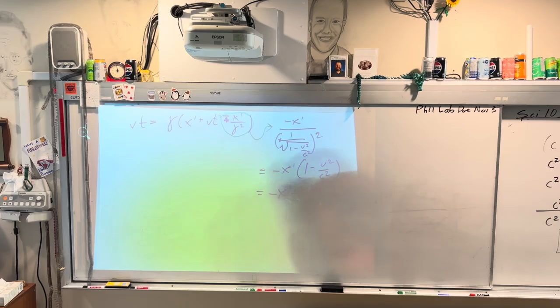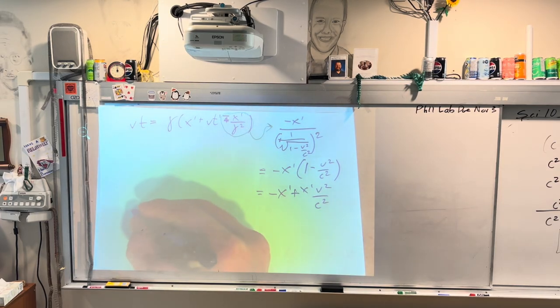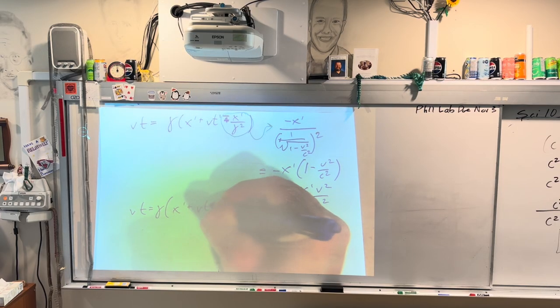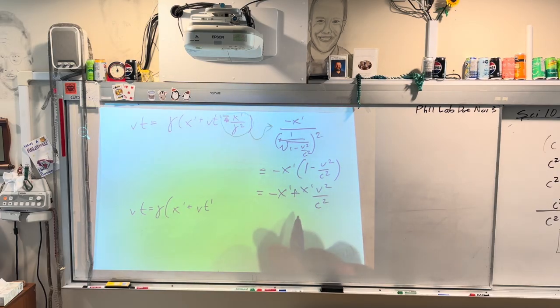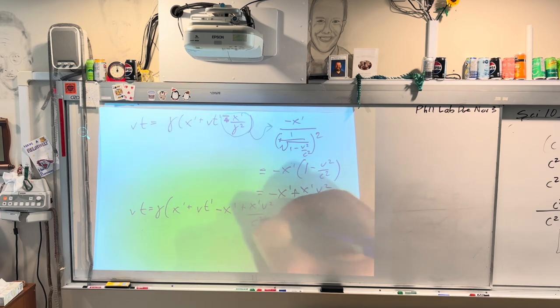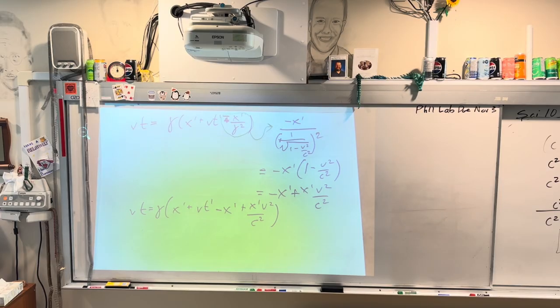And so now we take that and we put it back into the original function, and we're going to have VT equals gamma times x prime plus VT prime minus x prime plus x prime v squared over c squared. Why did I do all that? Cancel out x prime.